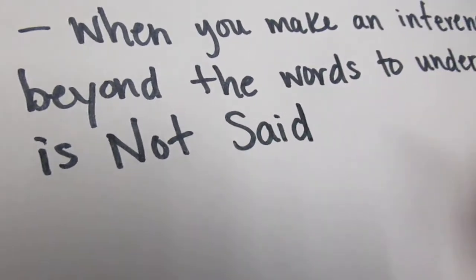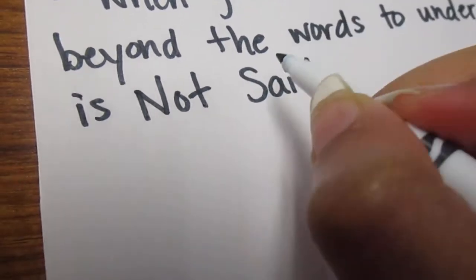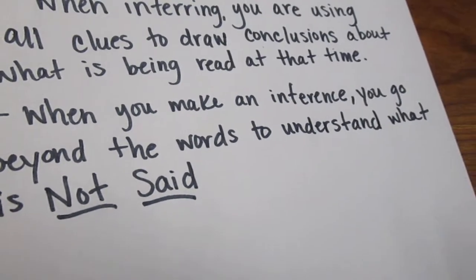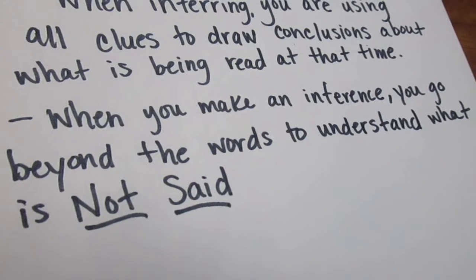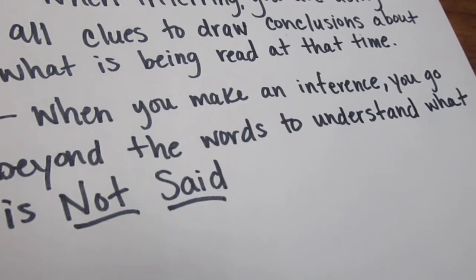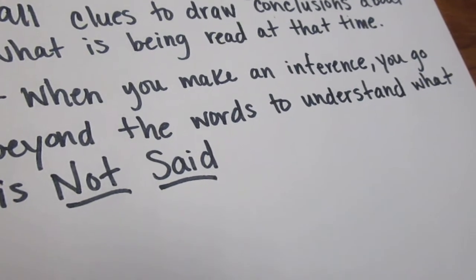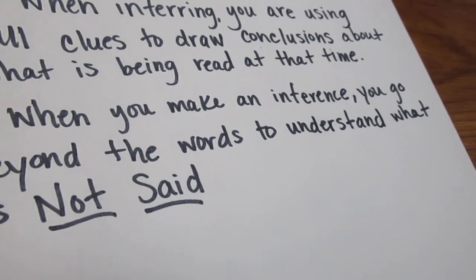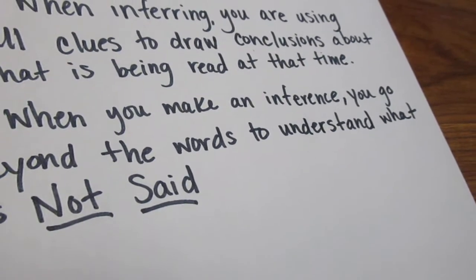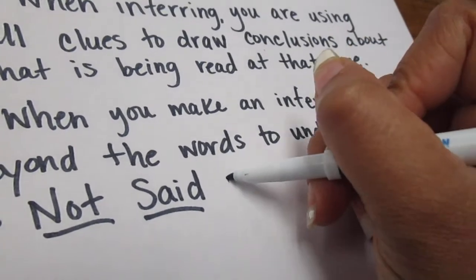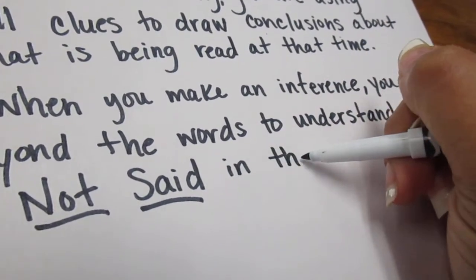And I'm going to make that pretty big. What is not said, and I'm going to underline it. Because when you're making an inference, that's exactly what you're doing. It may not say it in the text or in a video or even body language. People don't say it, but given all the clues and everything that you already know, you have a good idea of what's going on. What is not said in the text.